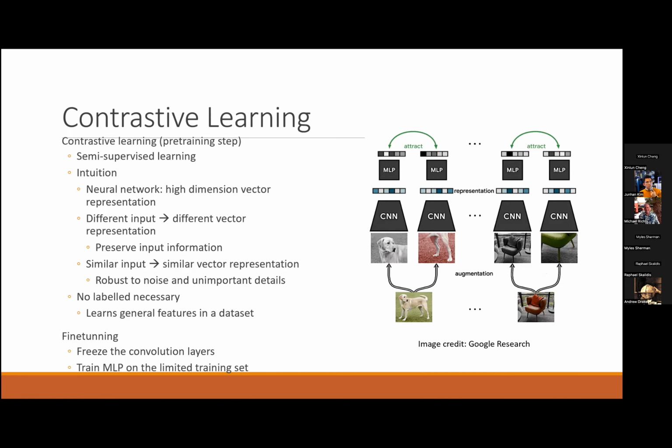And then when it comes to finally doing the classification problem, you do what is a fine-tuning step, where you freeze all the convolutional layers. The weights within these layers no longer change. Then you train a multi-layer perceptron on your limited training set. So the final classifier is then trained on the limited labeled training set.